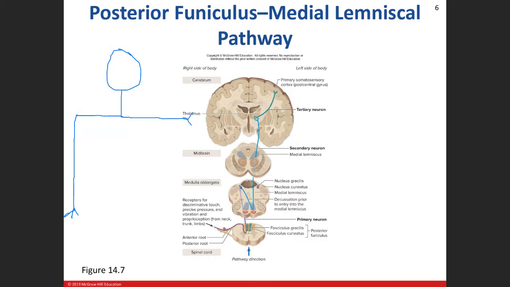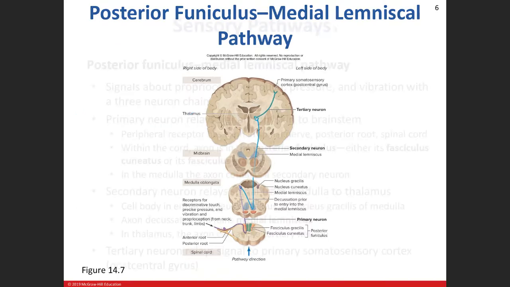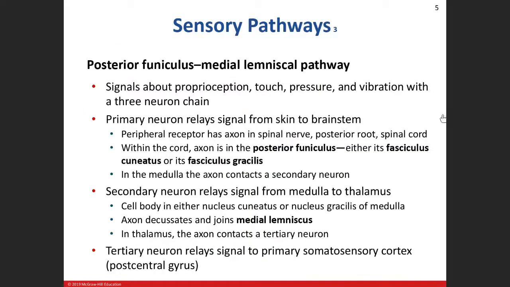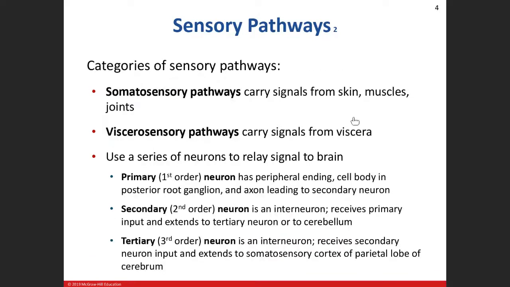So this one process here is like one big long dendrite, and this process over here is like the axon, okay? But anyways, this type of cell is going to be the most common type of sensory neuron that you are going to see when we're dealing with sensory pathways here, okay?